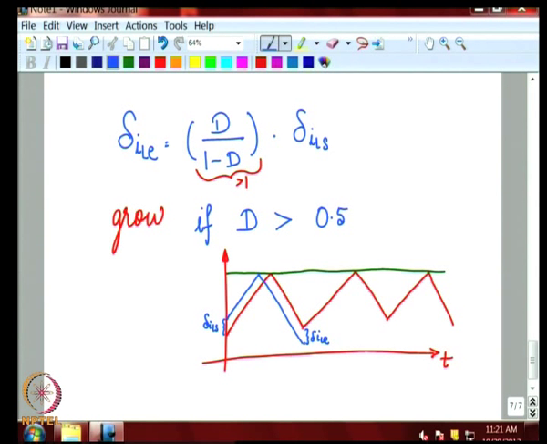And this will further increase at the start of the next cycle, and so on. This will keep increasing and keep growing, and as a result you will see the current wave shape is in this fashion.